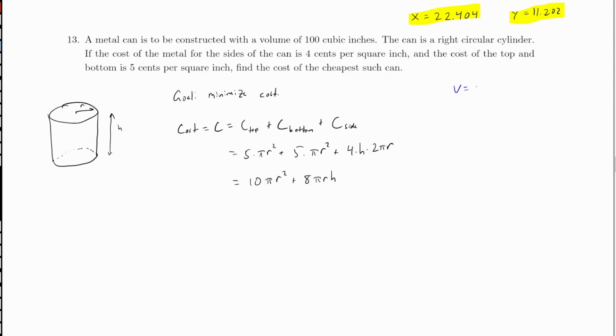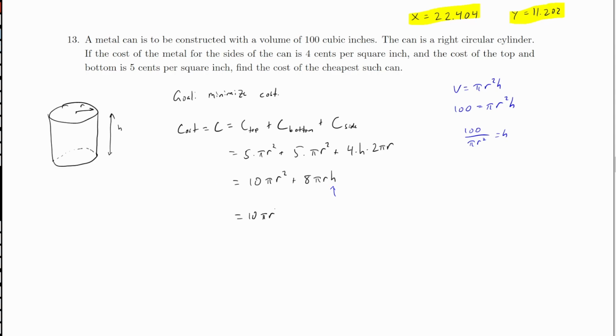So volume of a cylinder is pi r squared h, and that's equal to 100. Okay, so if I want to eliminate a variable, it will be easier to get rid of the h, so I'll divide. 100 divided by pi r squared is equal to h, so I'll plug that in for h.